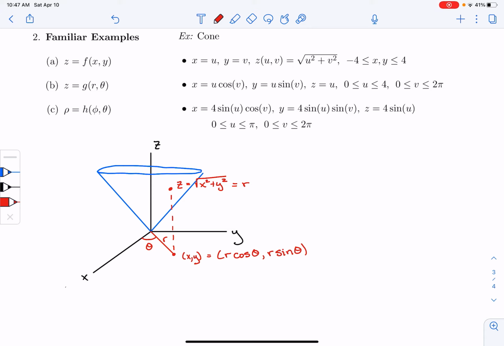So now if I want to describe that surface as a parametric surface, I can let x be u cosine v and y be u sine v. So I'm thinking about u as being like r and v as being like theta, in which case, z is going to be u.